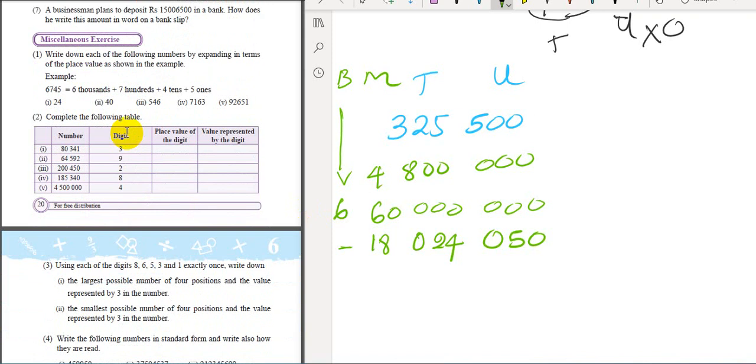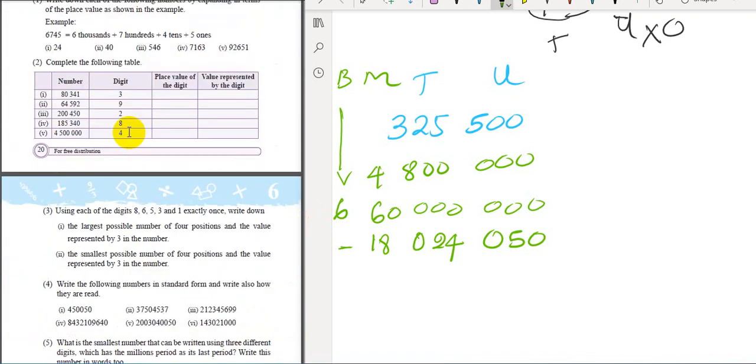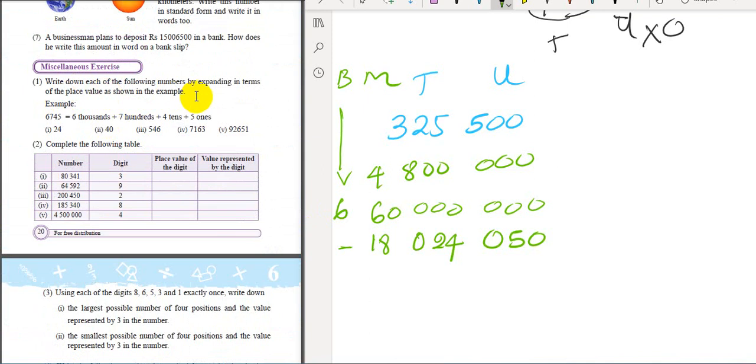So the miscellaneous exercise, we will move to this one. Write down each of the following numbers expanding in terms of the place value, as shown in the example. 6,745 is 6,000 plus 700 plus 4 tens plus 5 ones.